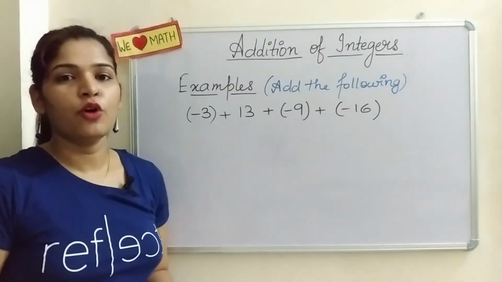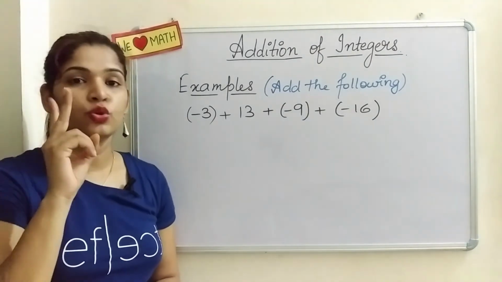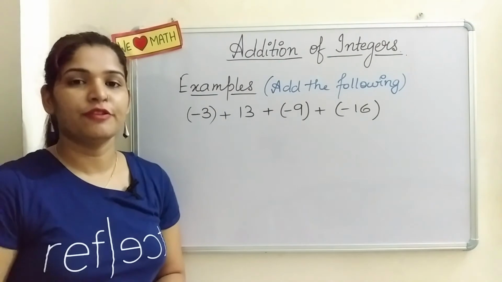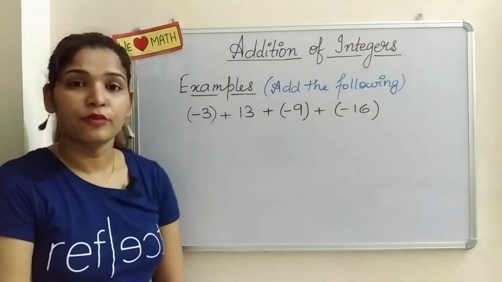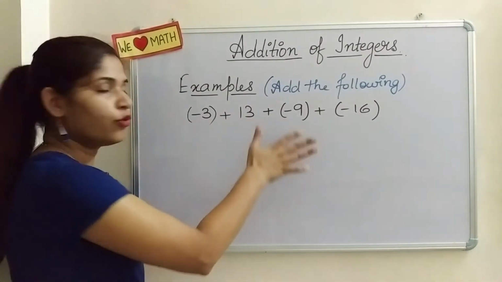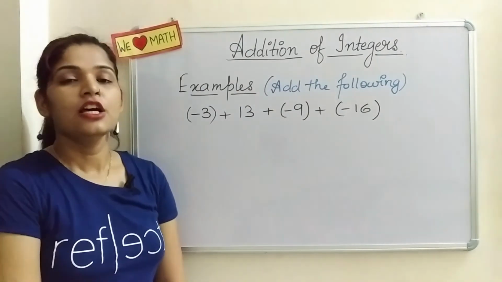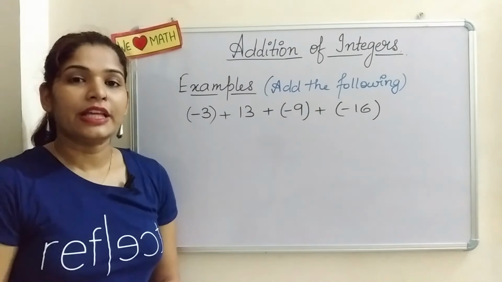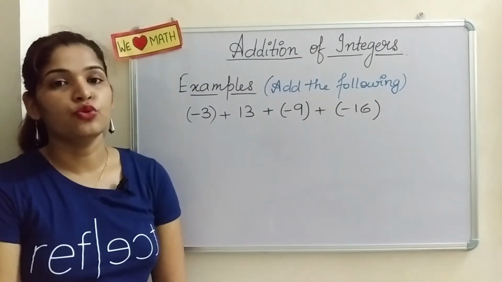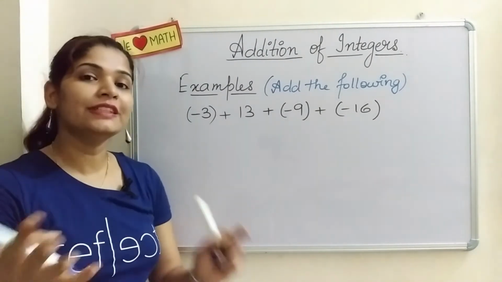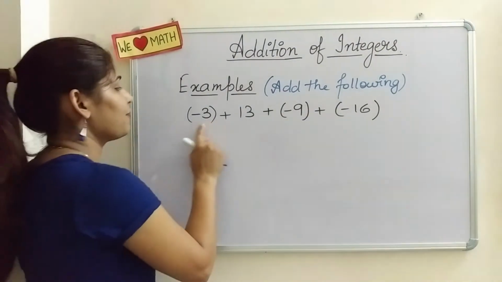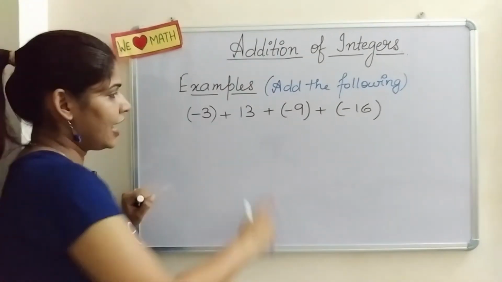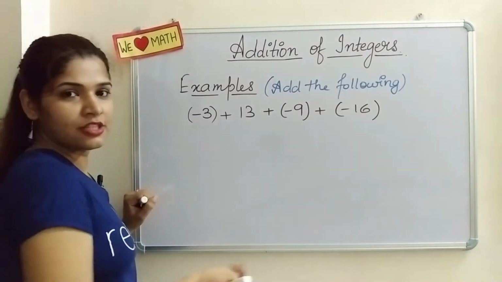Okay children, till now we have learned how to add two numbers, whether they are positive, negative, or of different signs. Now we have more than two integers, four integers with different signs. Let us see how to solve these kinds of questions. In this part we are going to make groups of the same symbol. Suppose we have -3, -9, -16. They are of the same category, and 13 is different because it is a positive number.